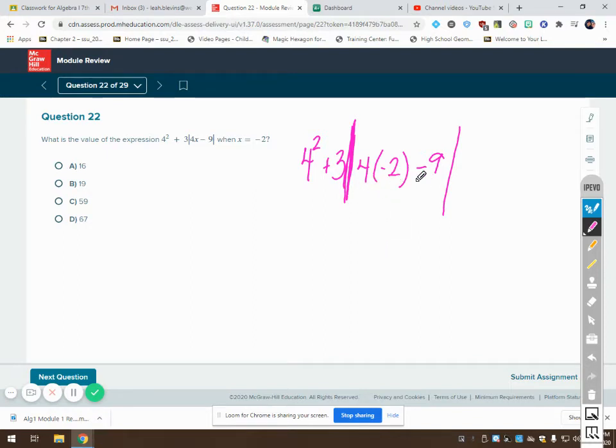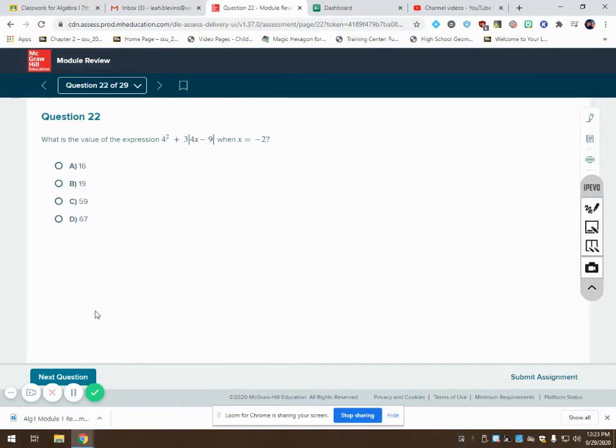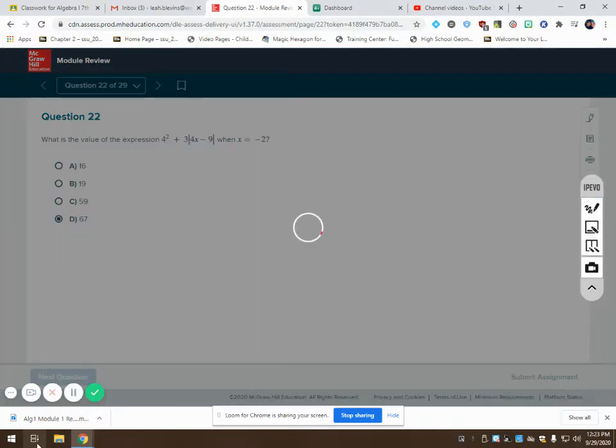So I've got negative 8 minus 9, which is negative 17. When I take the absolute value of negative 17, I get a positive 17. Now I have 4 squared, which is 16, plus 3 times a positive 17, which is 51. 16 plus 51 is 67. So my correct answer is D, 67.